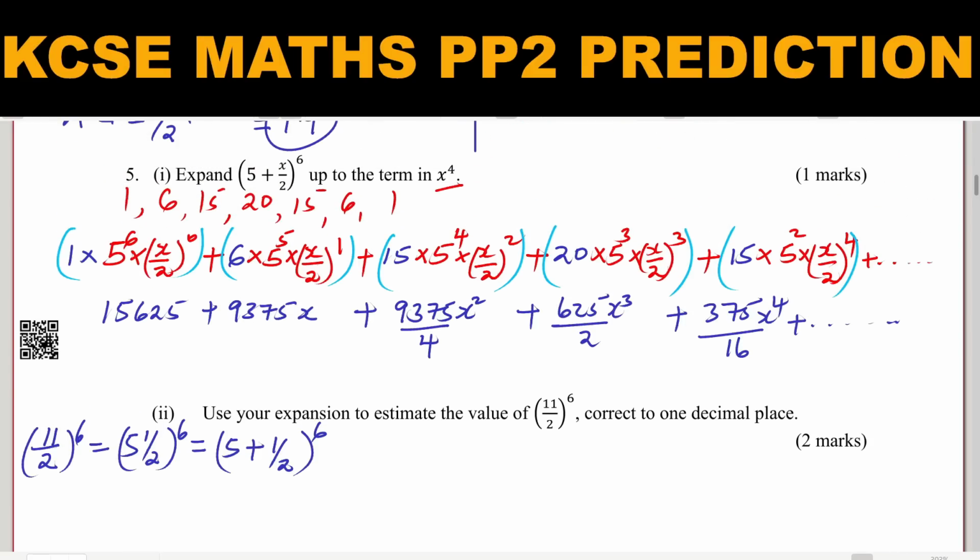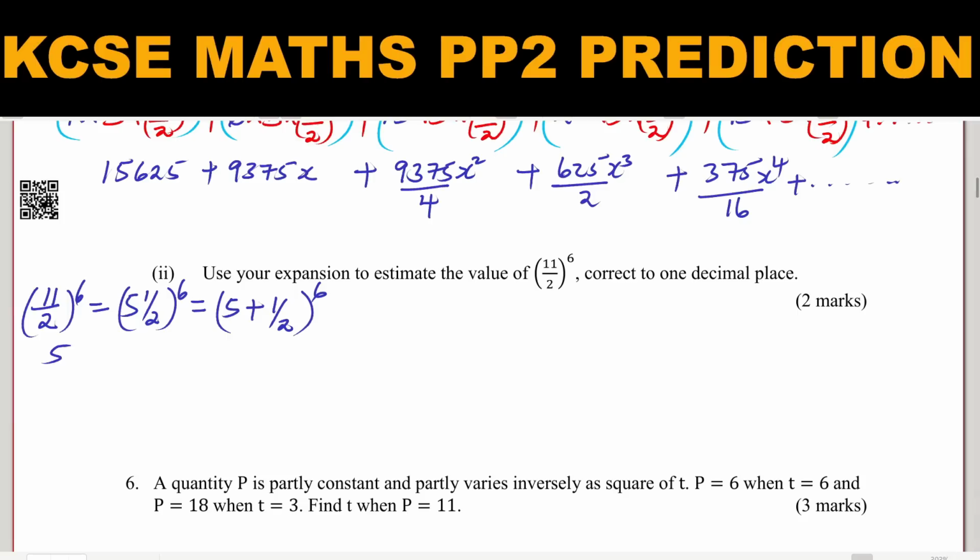Remember the expansion that you had was 5 plus x over 2 raised to power 6. You equate this one, because you want to use that expansion, to this 5 plus a half raised to power 6.